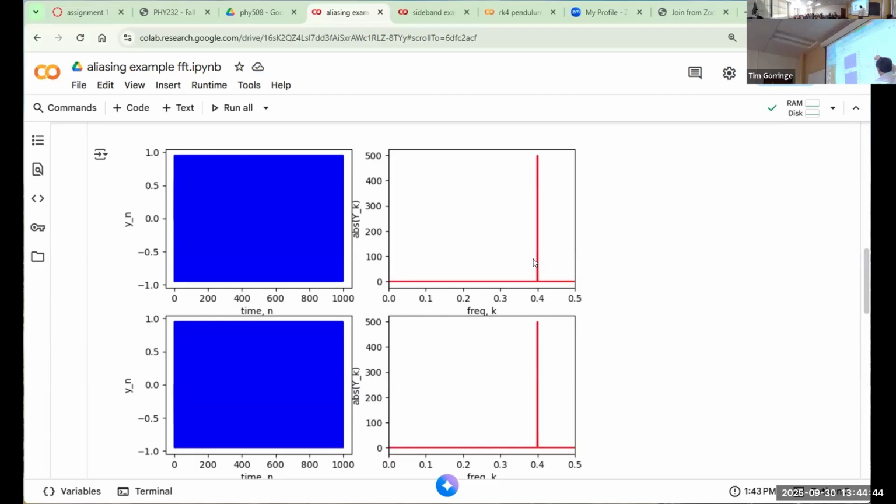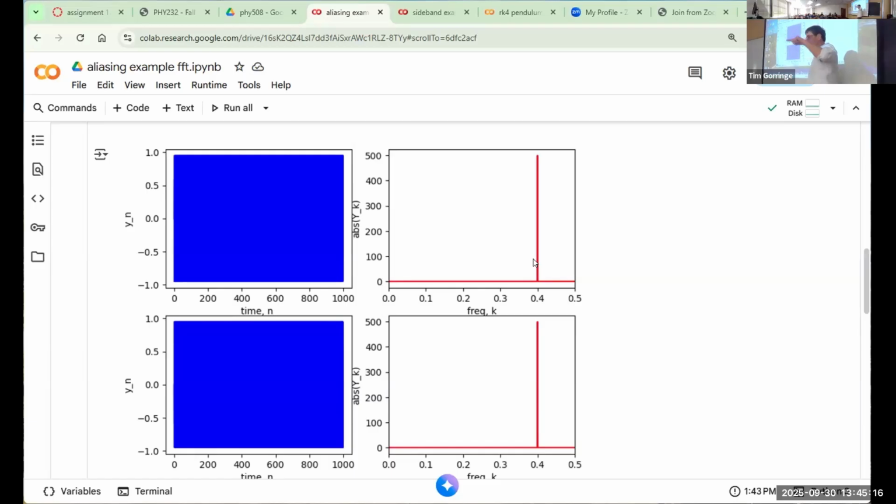What's going on here? Well, in the top plot, this was the lower frequency. The true frequency was 0.4 hertz because it's below the Nyquist limit. I see it at 0.4 hertz. The bottom sheet, that was the high frequency. It was 0.6 hertz. It's above the Nyquist limit. I can't see it. What frequency do I get? I had mentioned an equation for what we call the alias frequency.